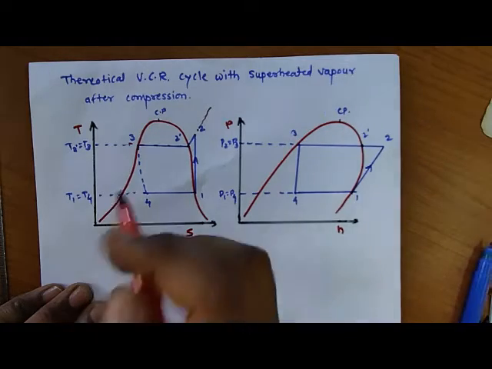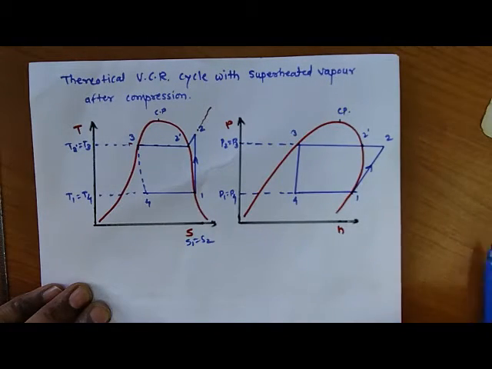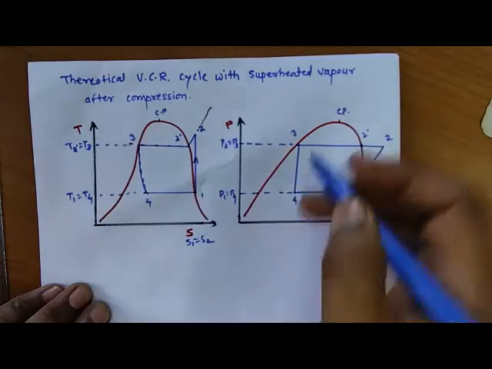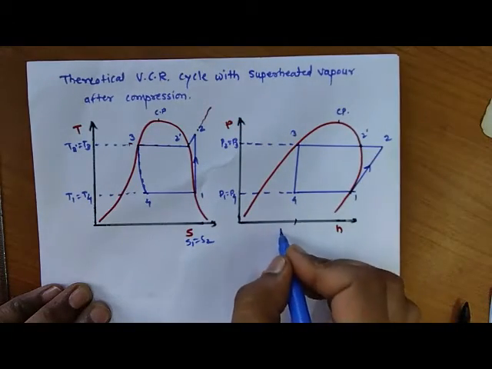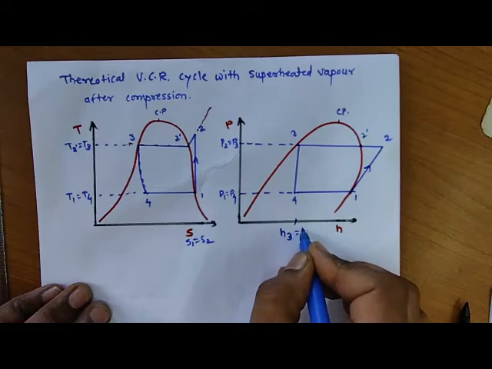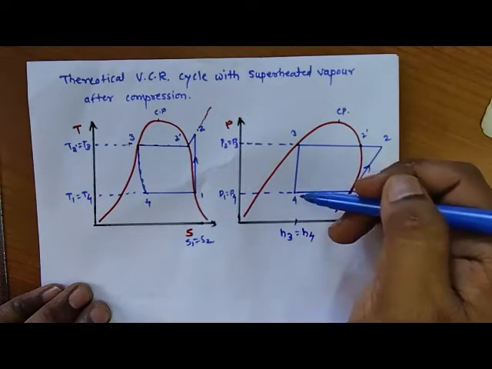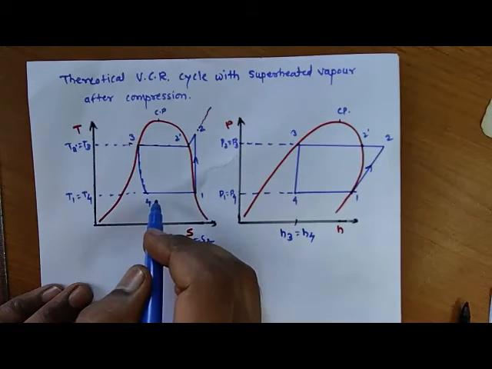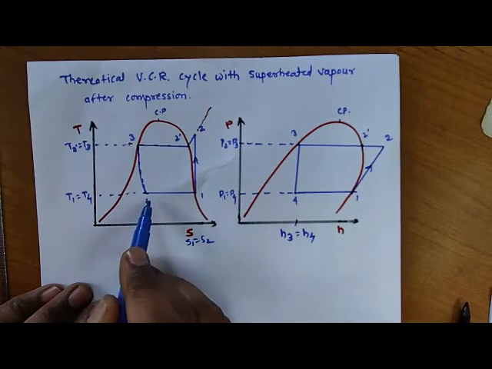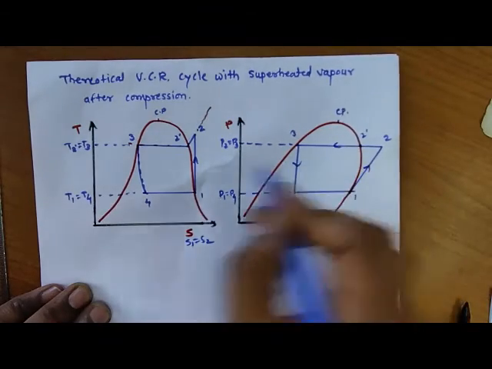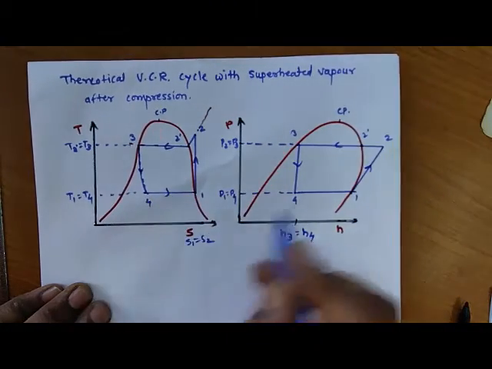After that, the throttling process is a constant enthalpy process. H3 is equal to H4, that means in the pH diagram it is a vertical straight line, and on the TS diagram it is an inclined curve. Now 4 to 1 is the evaporation process.